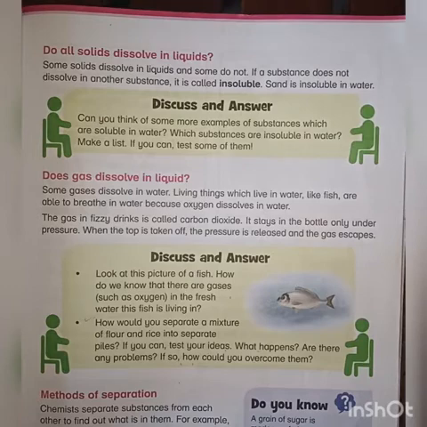The substances which dissolve in water are called soluble substances, and the substances which do not dissolve in water are called insoluble substances. For example, sand is insoluble in water and it is an insoluble substance.